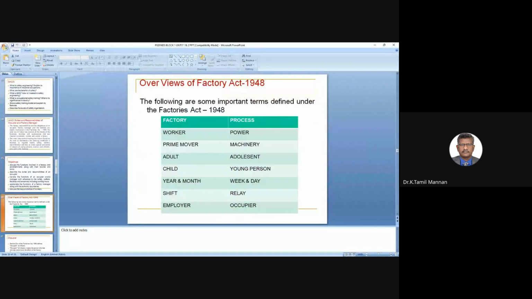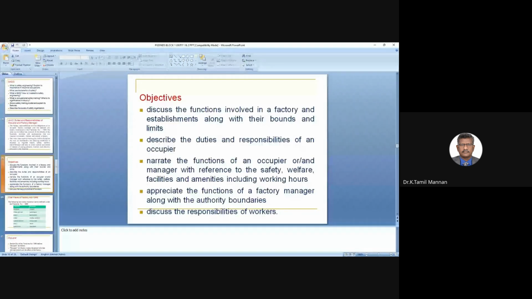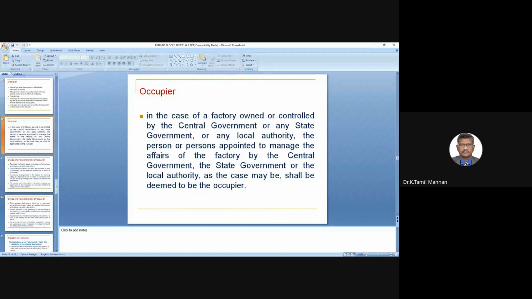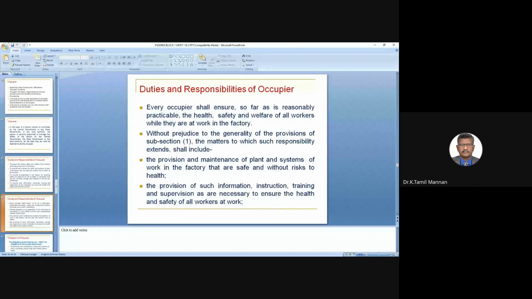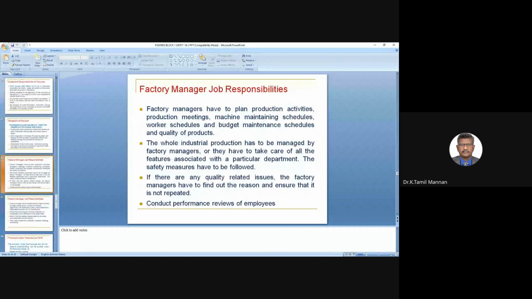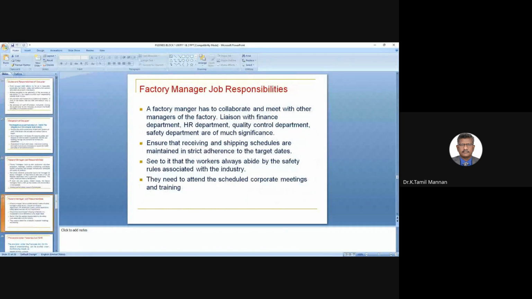These are the major objectives of this unit. This unit is mainly focusing on the function of the occupier, manager, and workers, and their duties and responsibilities.